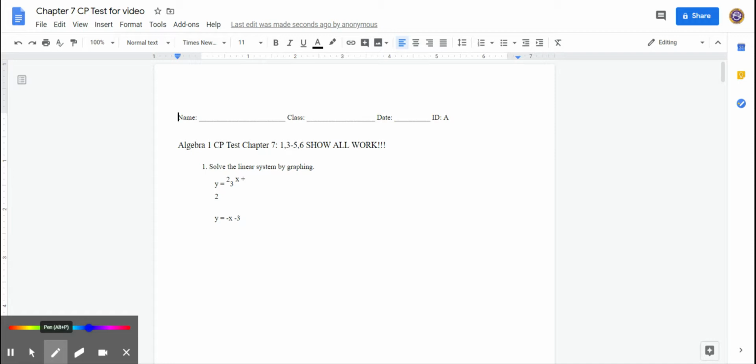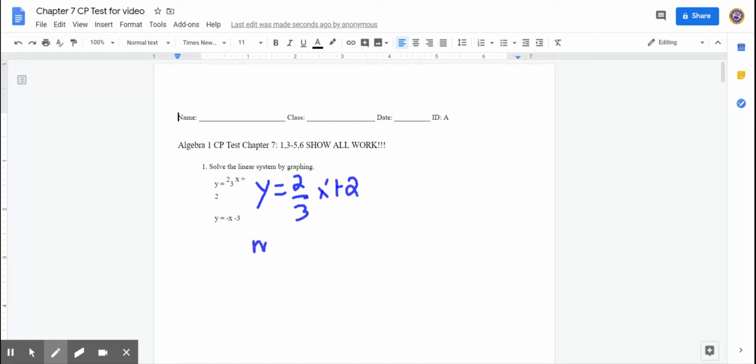For some reason, when this is doing this is rewriting the problem, so that's kind of strange. But this first one should be y equals 2/3 x plus 2.